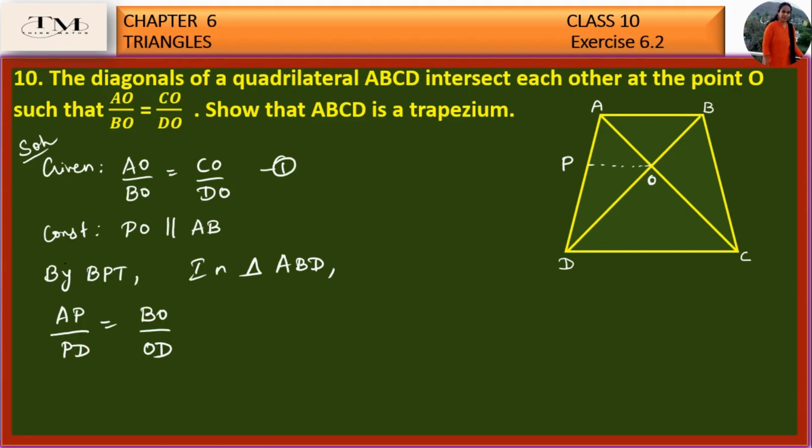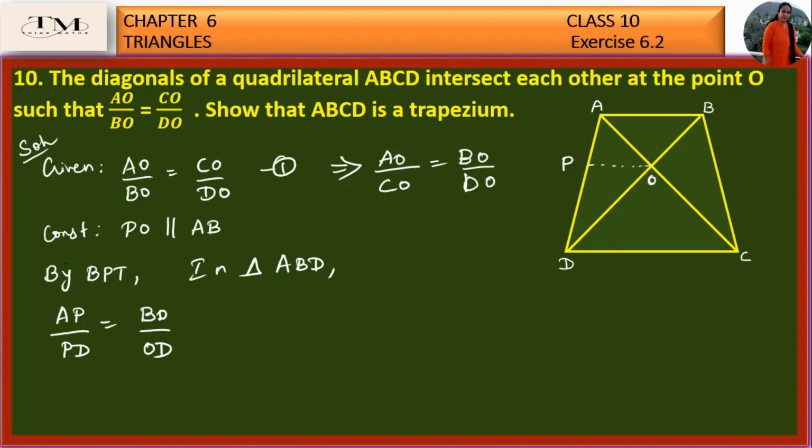AO by BO is equal to CO by DO. What we can do with this? In this we can just interchange BO and CO. So what does this become? If we interchange, this CO will come down. So AO by CO will be equal to BO by DO.